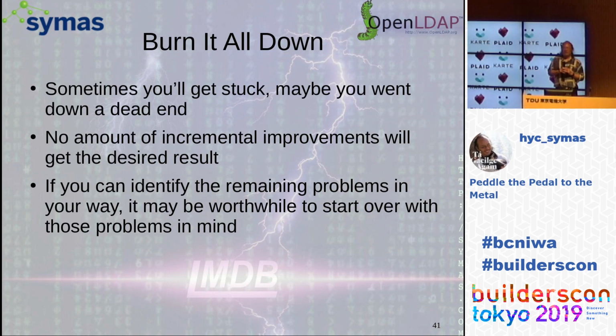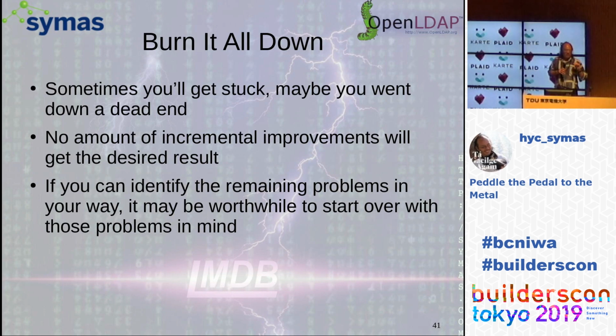And then sometimes, after all of this iteration and refinement, you'll discover that the changes you've made just aren't good enough, and no amount of tweaks will get you to the results that you want. In that case, if you have a well-defined list of the remaining problems, if you know exactly what is left that you need to solve, it's possible that the best solution is to start over.